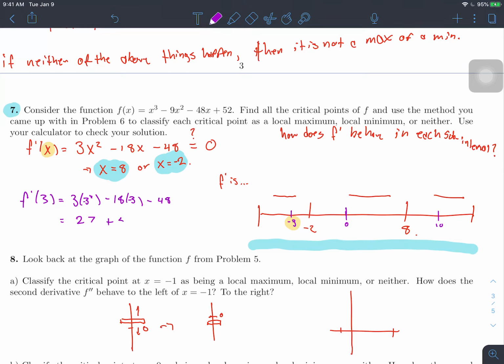I think I did that right. Minus 48. Okay, so that's what we got when we plugged in -3 into our function. And, well, 54 is bigger than 48, so I'm confident saying that this number is going to be larger than 0. Okay, so we found out that f prime is larger than 0 in this interval.